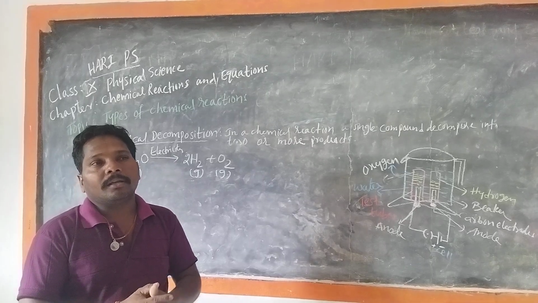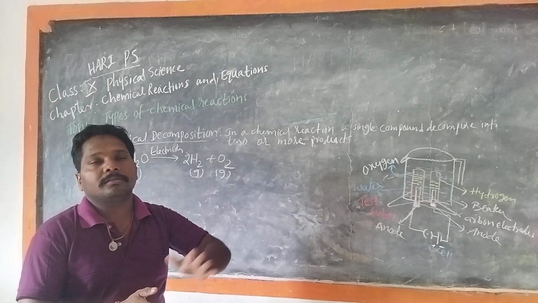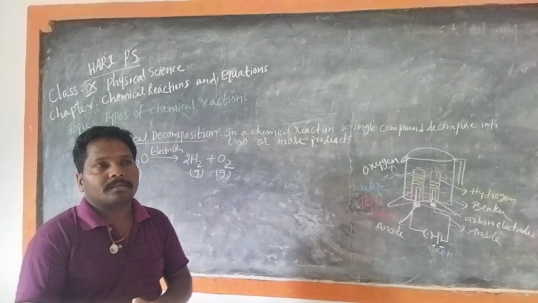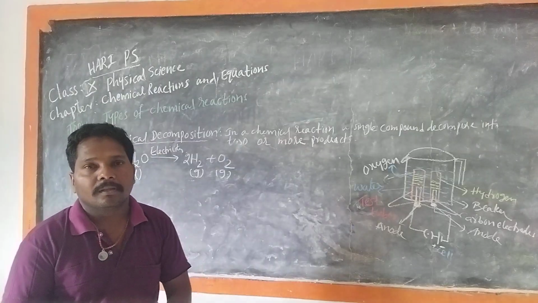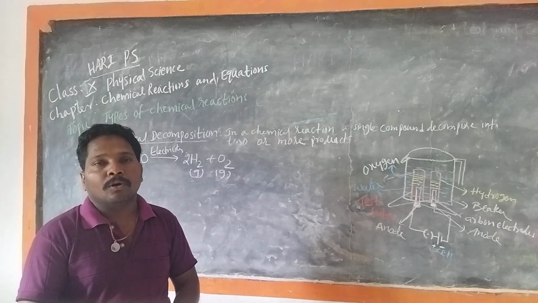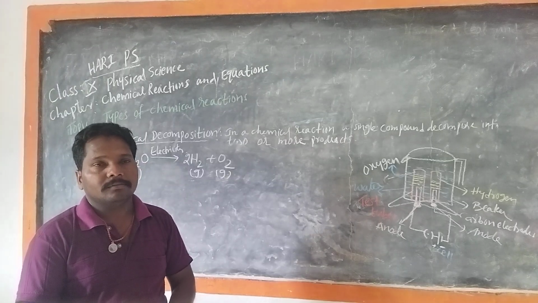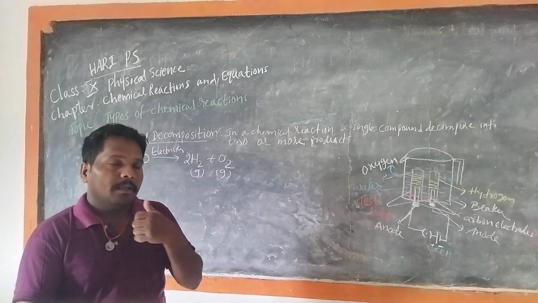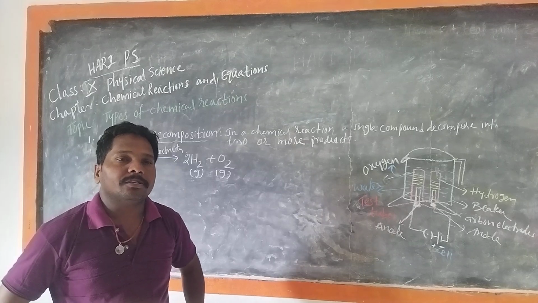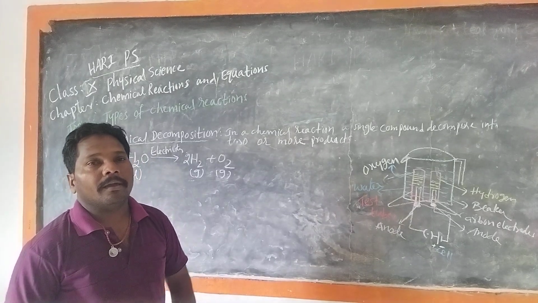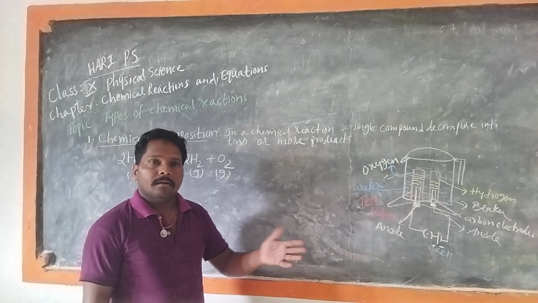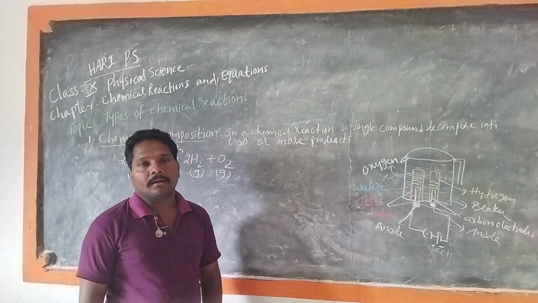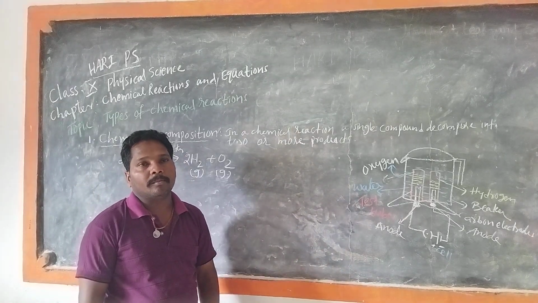In thermal decomposition, heat is required, meaning a chemical decomposition reaction is carried out by heating. A chemical decomposition reaction carried out by sunlight is also known as a photochemical reaction. Both are chemical decompositions.